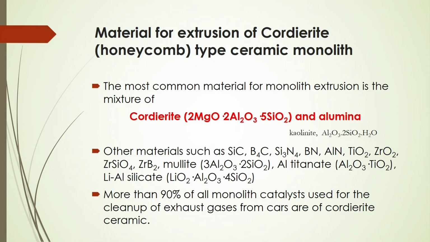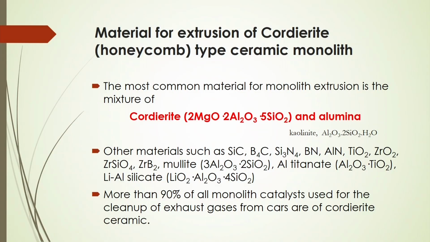To make the ceramic monolith by the extrusion process, for a particular shape like cordierite or honeycomb structure, you have to use some material. The most common material for monolith extrusion is a mixture of cordierite. It is actually a mixture of magnesium oxide, aluminum oxide and silicon dioxide.